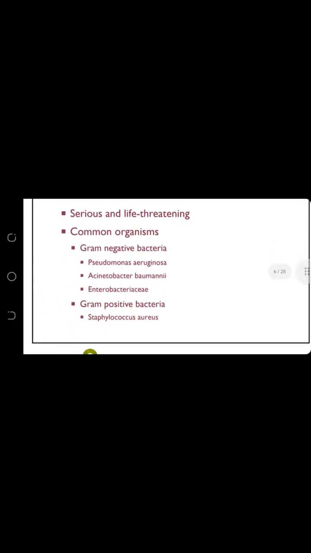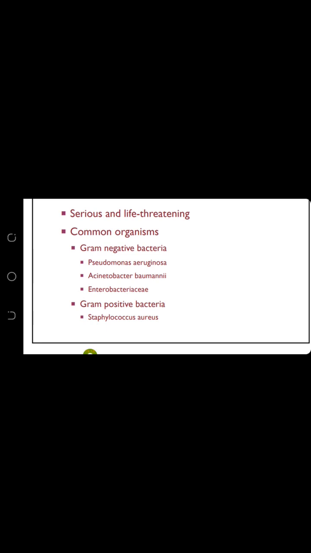Okay, now these conditions, the pathology of the respiratory tract, are serious life-threatening conditions. And the common organisms are gram-negative bacteria.